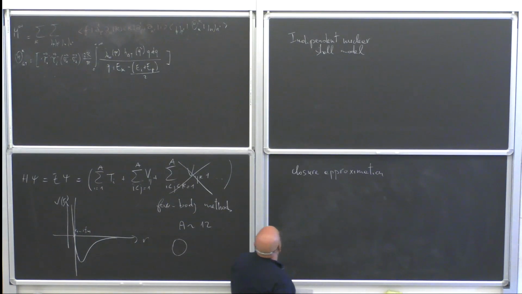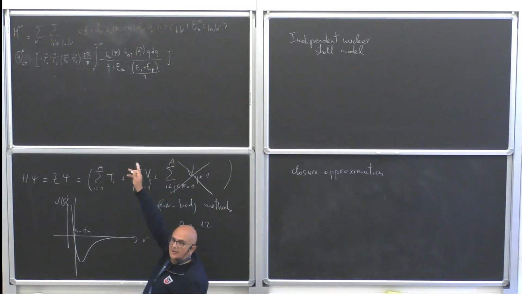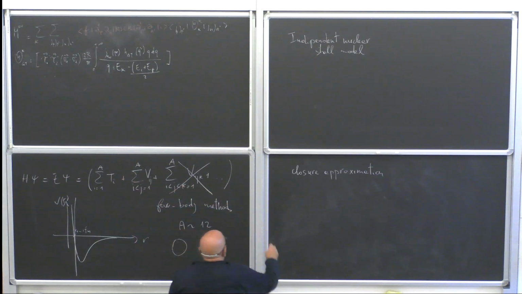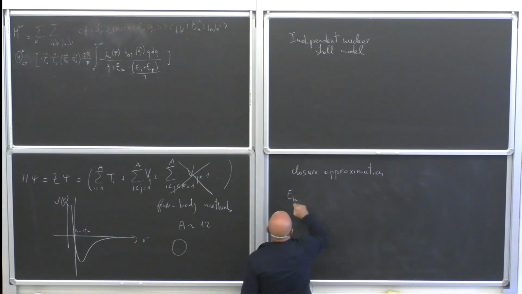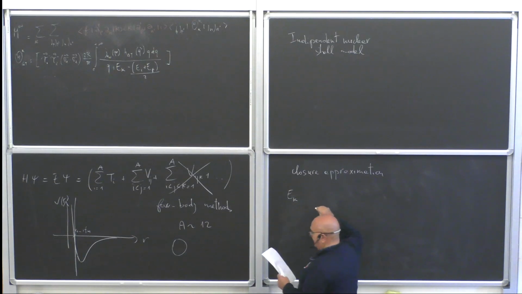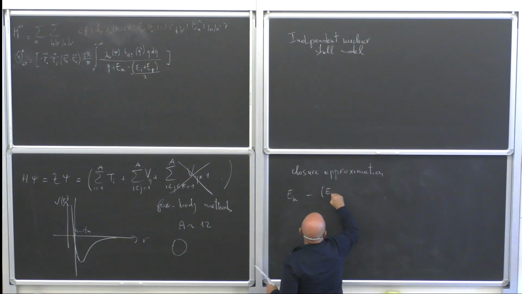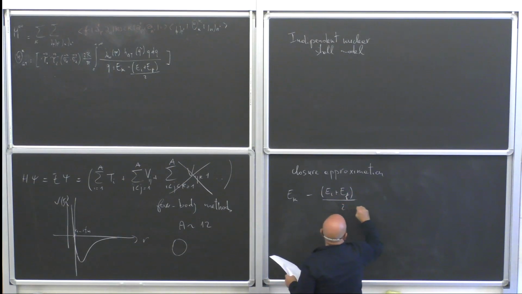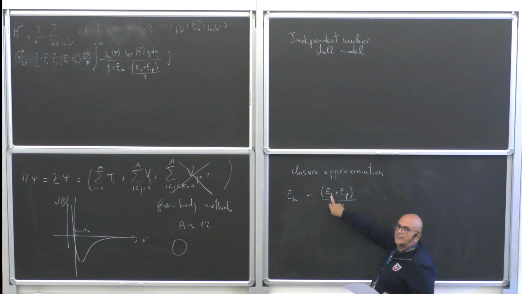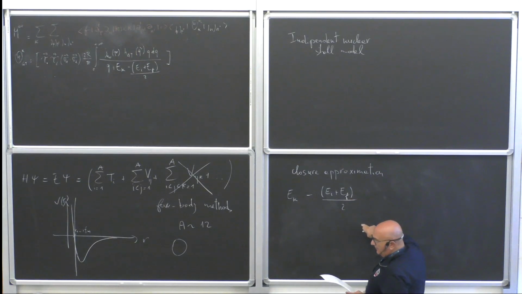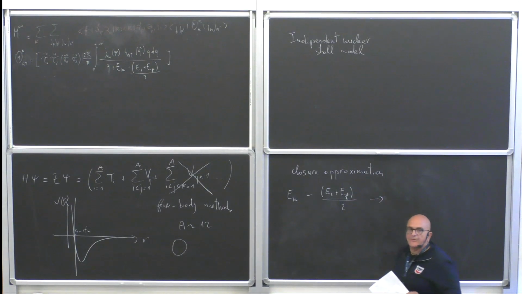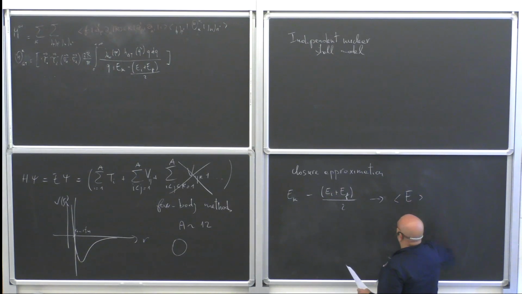Namely, what happens is that inside that denominator, the quantity that deals with the energy of the intermediate states and the energy of the parent and granddaughter states, this may be approximated as an average value.